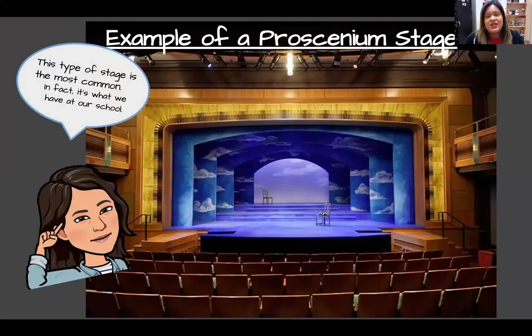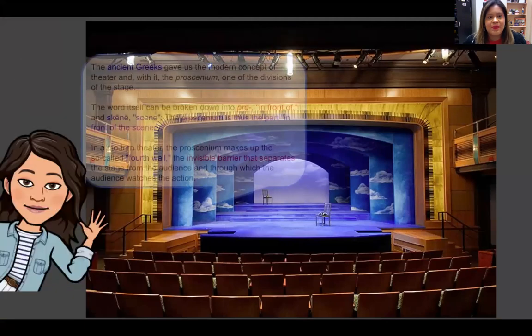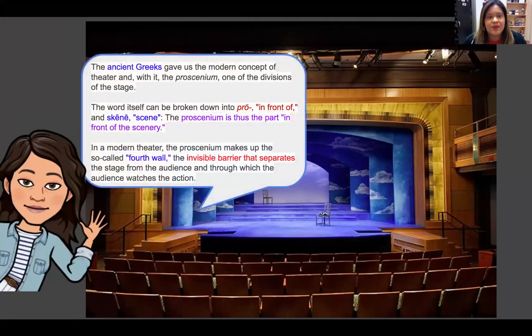The most common stage, the stage you probably think of when you think of a stage, is a proscenium stage. And so, as I said, this is the most common, and it is this type of stage that we have here at McNair Middle School. The ancient Greeks are the ones who gave us what theater is today, and they are responsible for giving us the word proscenium.